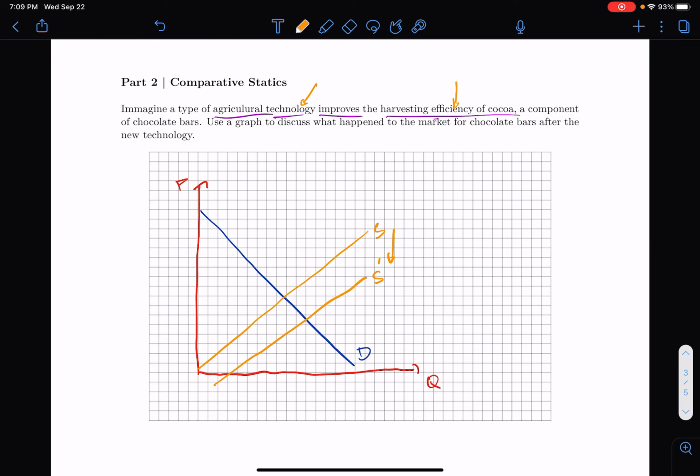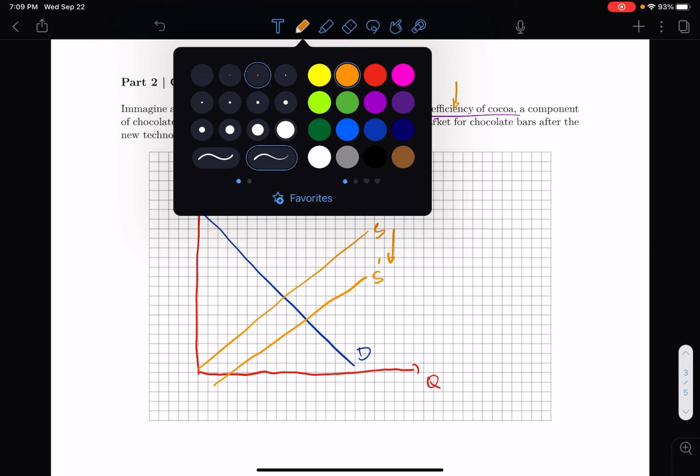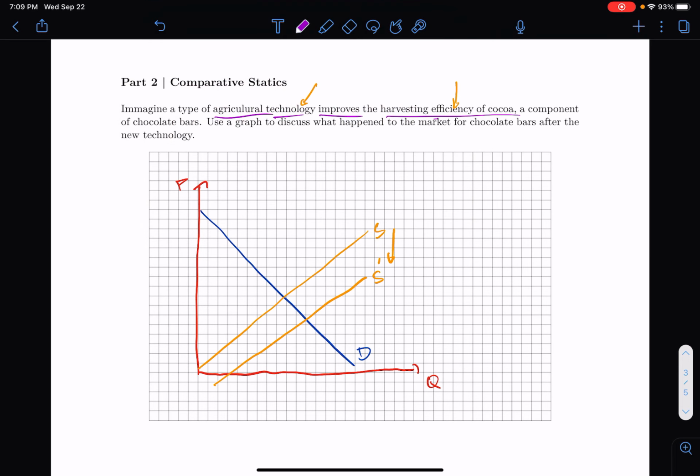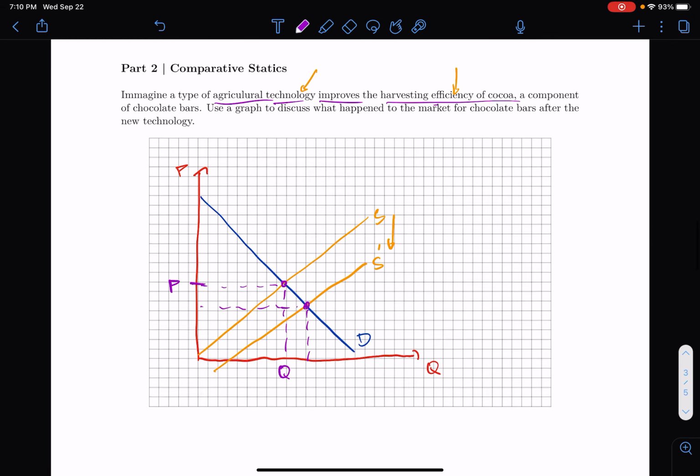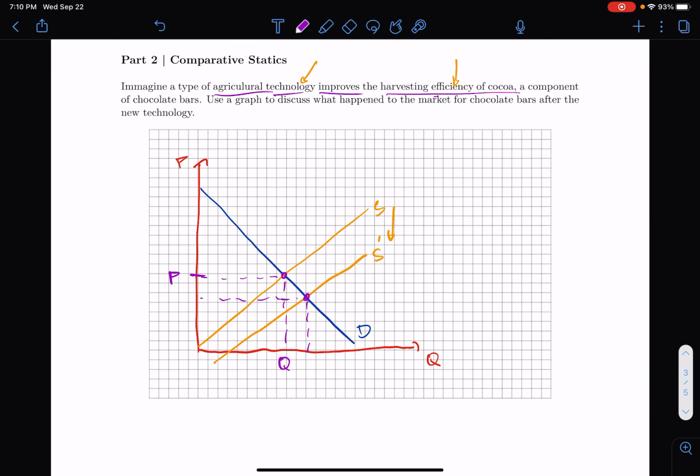No matter what the shape is, we get the same result for our market changes. So the first is P star. Actually, let's call this P, Q. And then after the new technology, we have P prime and Q prime.